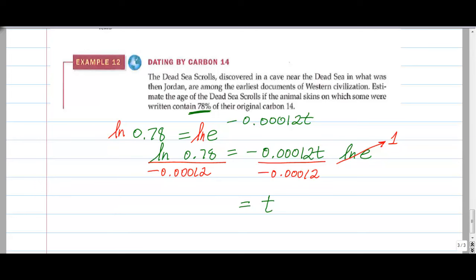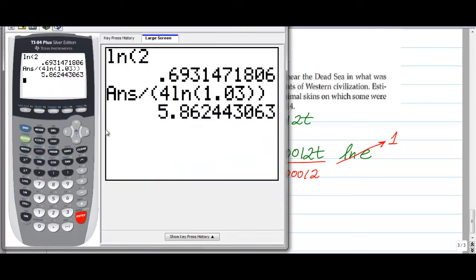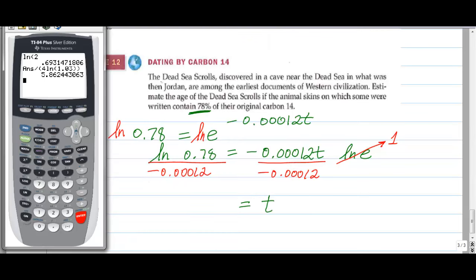So let's go ahead and plug that into our calculator. Let me clear this. We can do all this at once. So ln 0.78, close off that parentheses, and then what does that give me? If you want to do this all at once, I always like to use second insert to put another parentheses here, then second right arrow to go back to the end.